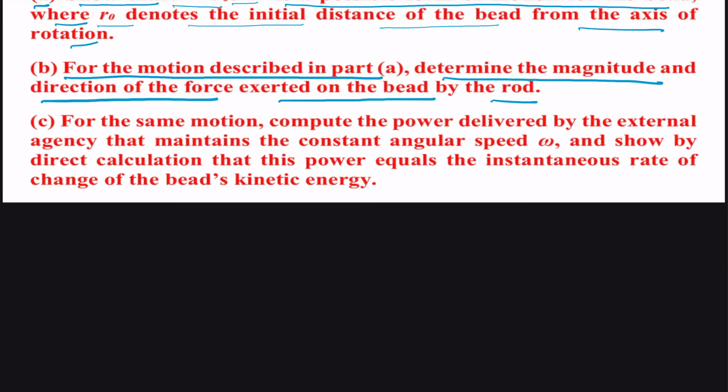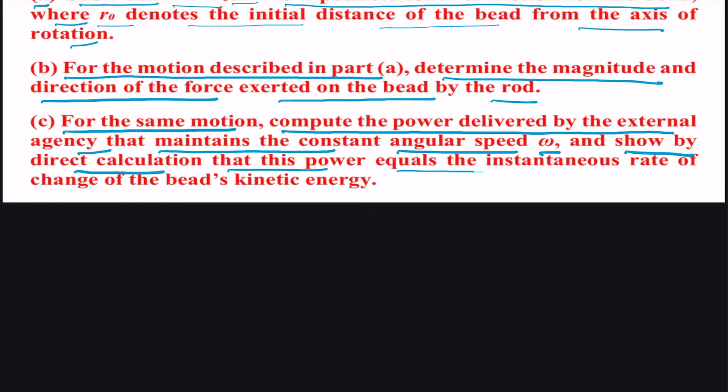And in part C, for the same motion, compute the power delivered by the external agency that maintains the constant angular speed omega, and show by direct calculation that this power equals the instantaneous rate of change of the bead's kinetic energy. So this is a multiple concept question.